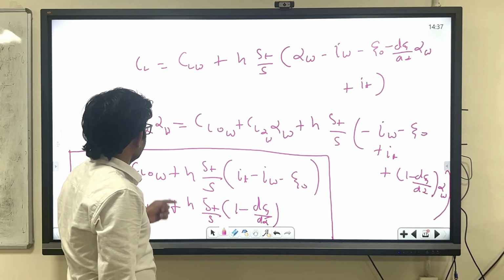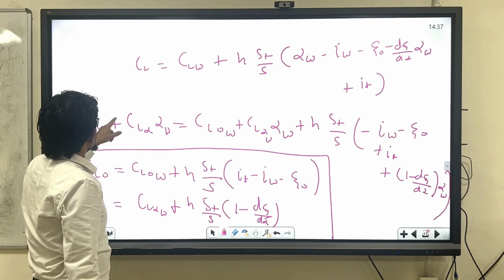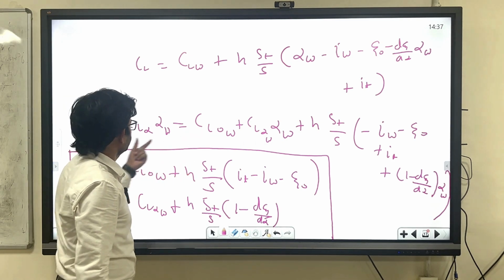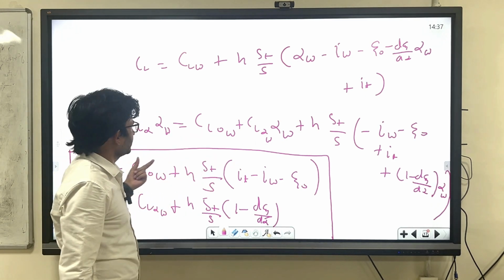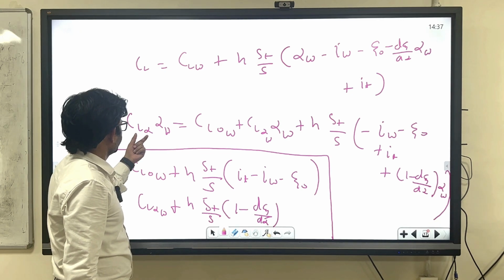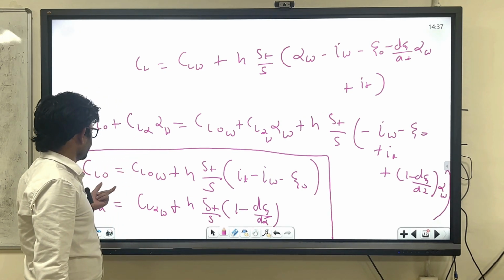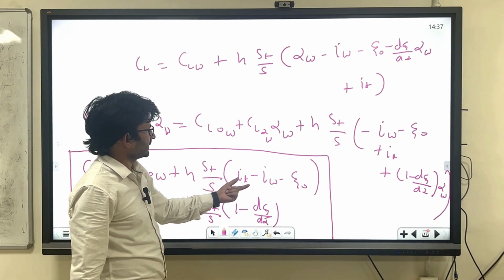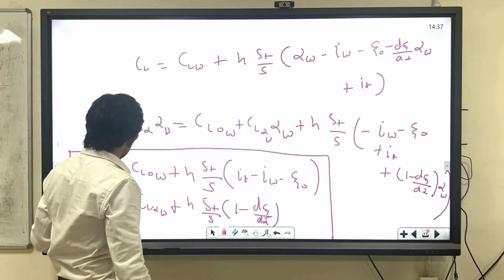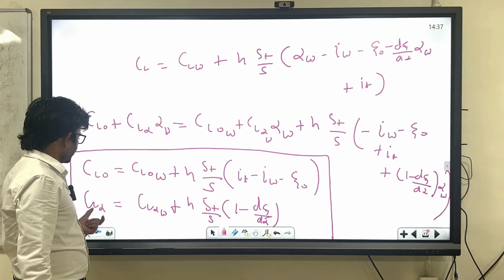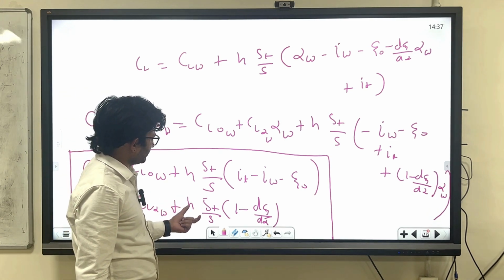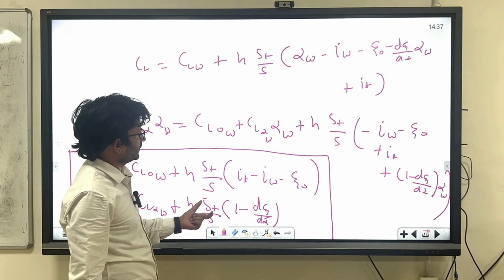Then you can write CL as CL naught plus CL alpha into alpha, and compare the terms from the left and right hand sides. Similarly for CL alpha, you will get total CL naught as the CL naught of the wing plus eta St by S into iT minus iW minus epsilon naught, and total CL alpha of the aircraft as the CL alpha of the wing plus eta St by S into 1 minus dou epsilon by dou alpha.